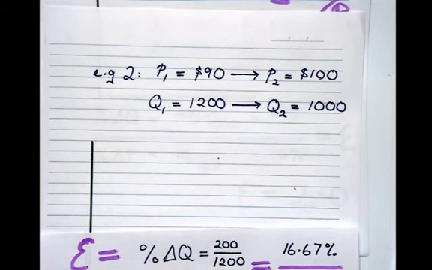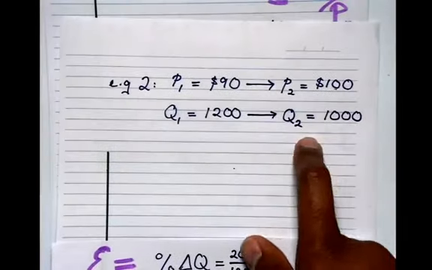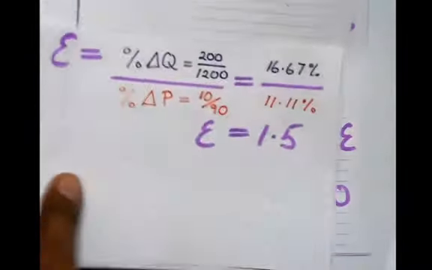Yeah? If 4 becomes 5, what's the percentage increase? If 4 becomes 5, that's 1 over 4, which is 25%. But if 5 becomes 4, what's the percentage decrease? 5 becomes 4, so you've changed by 1. 1 divided by 5, which is 20%. So you don't get the same answer for a price decrease compared to a price increase, because the percentage changes are not the same.